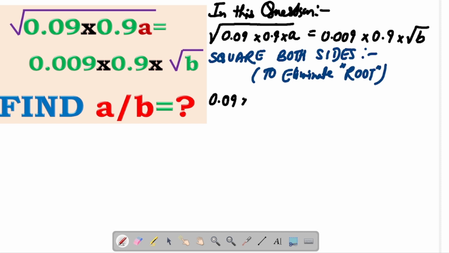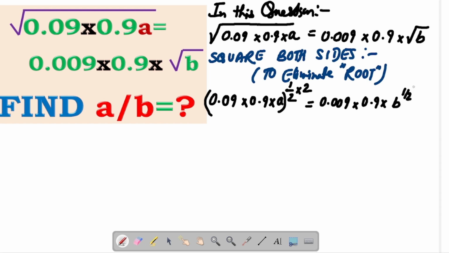The LHS will be 0.09 into 0.9 into a, and the square root can be written as power 1 by 2, and when we square it, the exponents will be multiplied, 1 by 2 into 2. So here you can see we squared the LHS and we squared the RHS also, right? When we square it, the complete square root will be eliminated in the LHS.